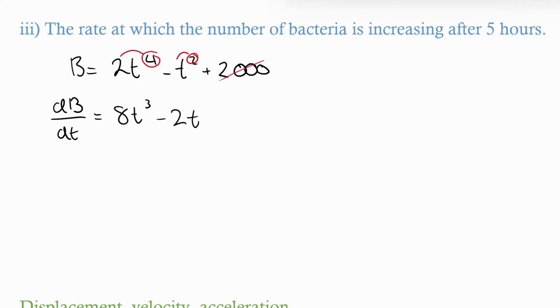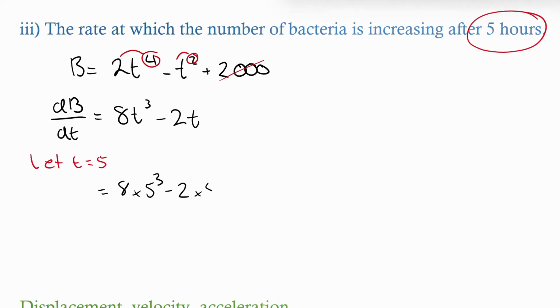At this point is where we're going to use our 5 hours. So let t equal 5. We have 8 times 5 cubed minus 2 times 5, and we end up with 990. Again, it's a rate, so we need to make sure we have our units. So bacteria per hour.